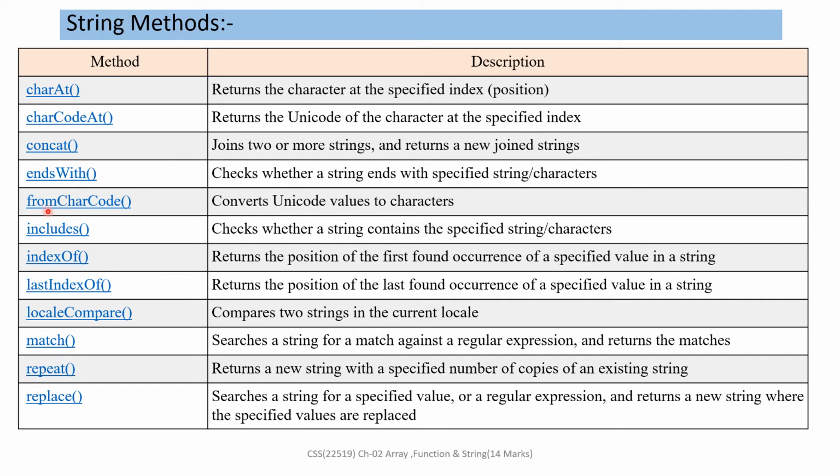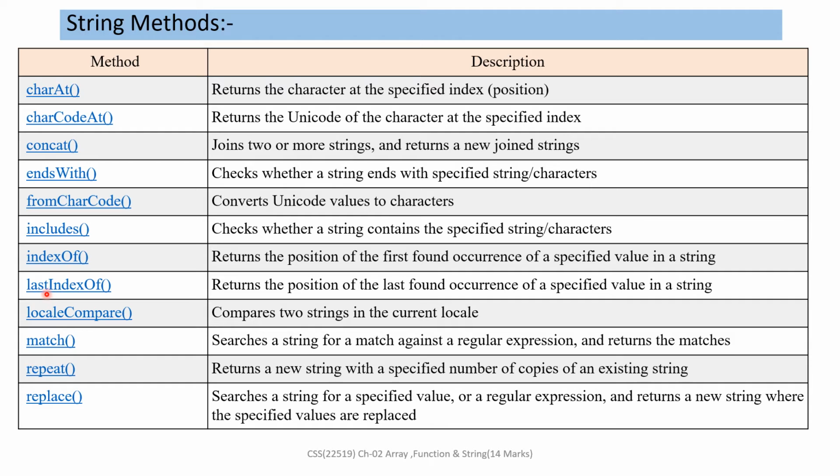Now next is fromCharCode. It converts Unicode values to characters. includes checks whether a string contains a specified string or character. indexOf returns the position of the first found occurrence of the specified value in the string.